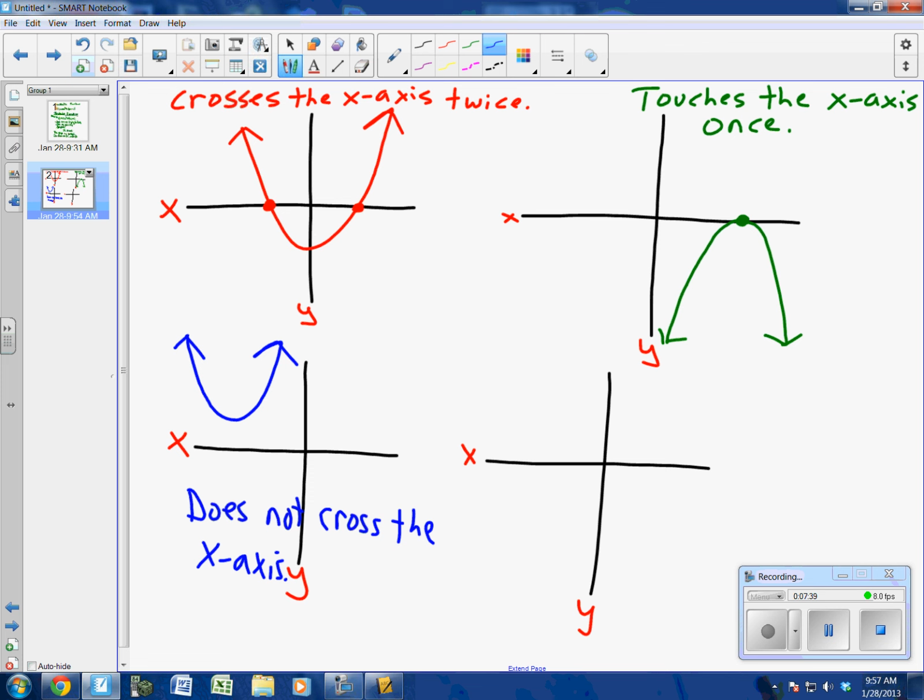I think we're going to do these next time. Okay, these do not cross the x-axis. What I'm going to teach you guys today is this right here. I shouldn't have drawn four of those, but this one does not cross. Here's another one that does not cross, because some of these can open down and they never cross the x-axis. Does that make sense?